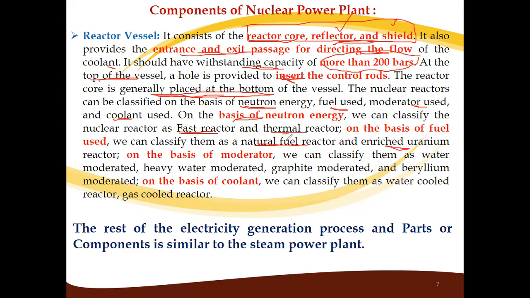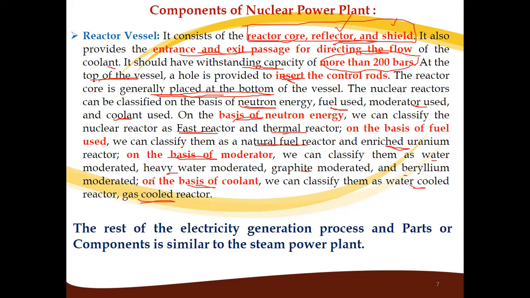Now, based on the type of moderator, they are classified into water moderator, heavy water moderator, graphite moderator, or beryllium moderator. Similarly, on the basis of coolant, reactors are classified into water-cooled reactor and gas-cooled reactor.